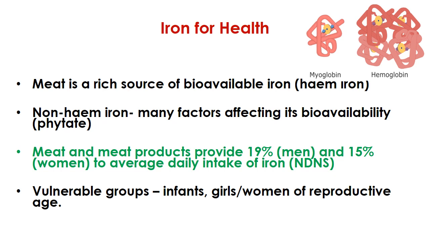Meat and meat products provide a good source of iron for both men and women, and the most vulnerable groups are infants, girls and women of reproductive age, who lose a lot of iron. In that case, meat-origin iron is best for avoiding iron deficiency anemia.